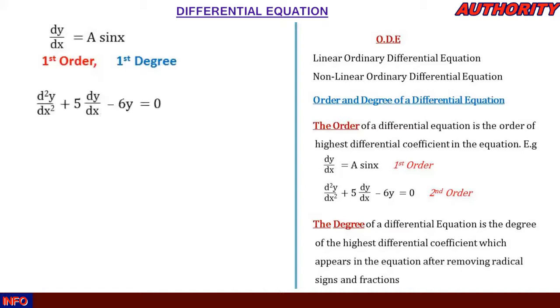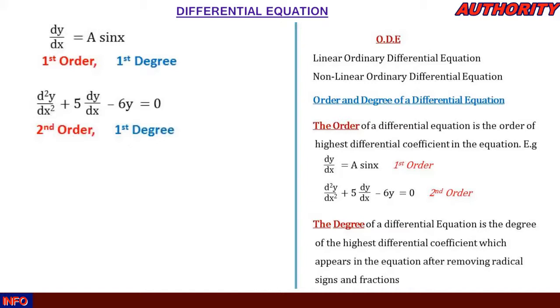Another example, we have d²y/dx² + 5 dy/dx − 6y = cos x. Now we look at this. What is the highest derivative? The highest is d²y/dx², which is second derivative. So we say that this is a differential equation of second order.